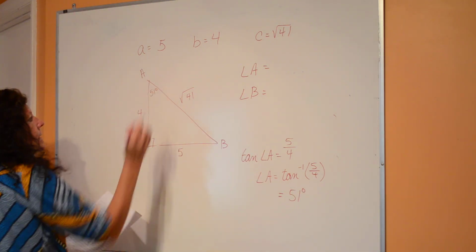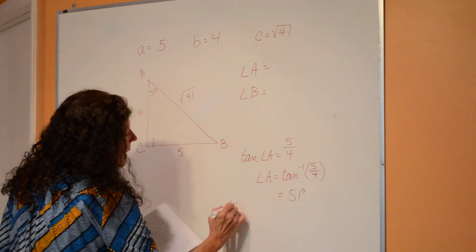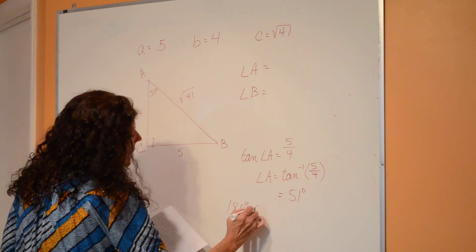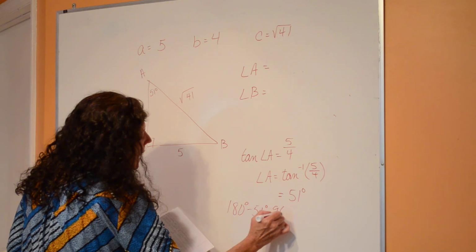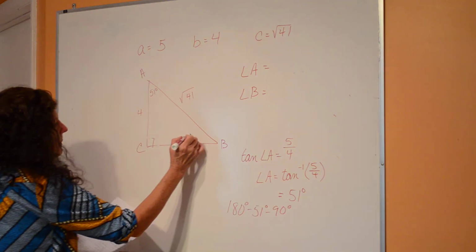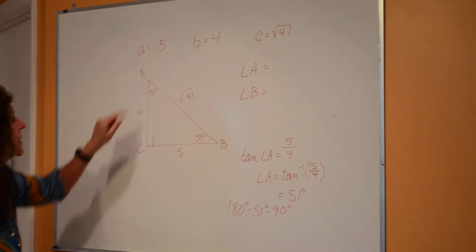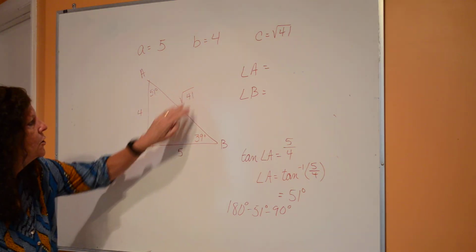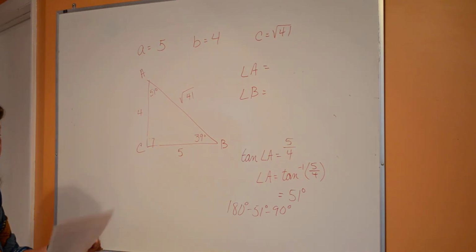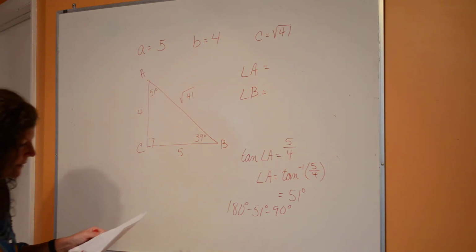So that's going to give me that. Then to get B, I have 180 minus 51 degrees minus 90 degrees, which is going to give me 39 degrees. Now you have two things going on in all these problems. You have angle measurements and you have side measurements. So make sure that you're keeping them straight.